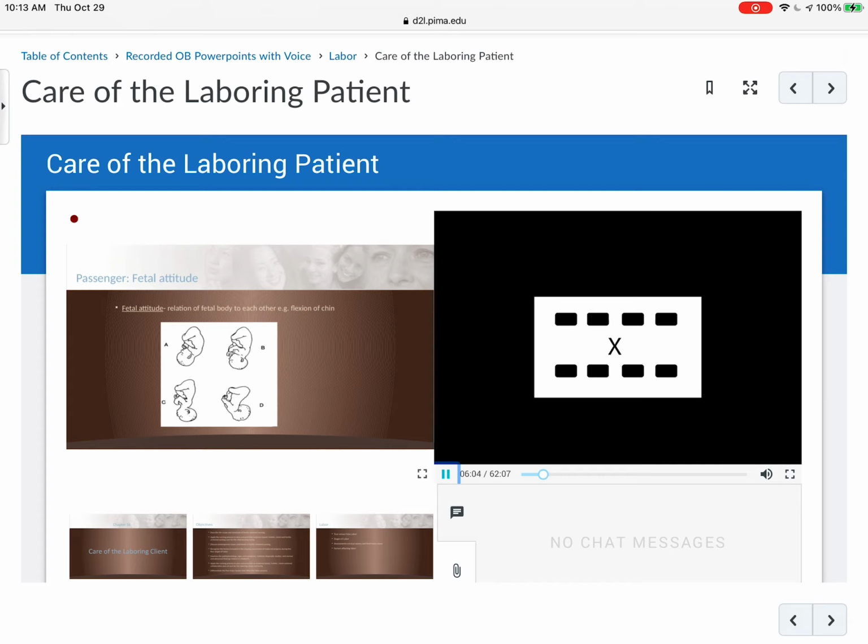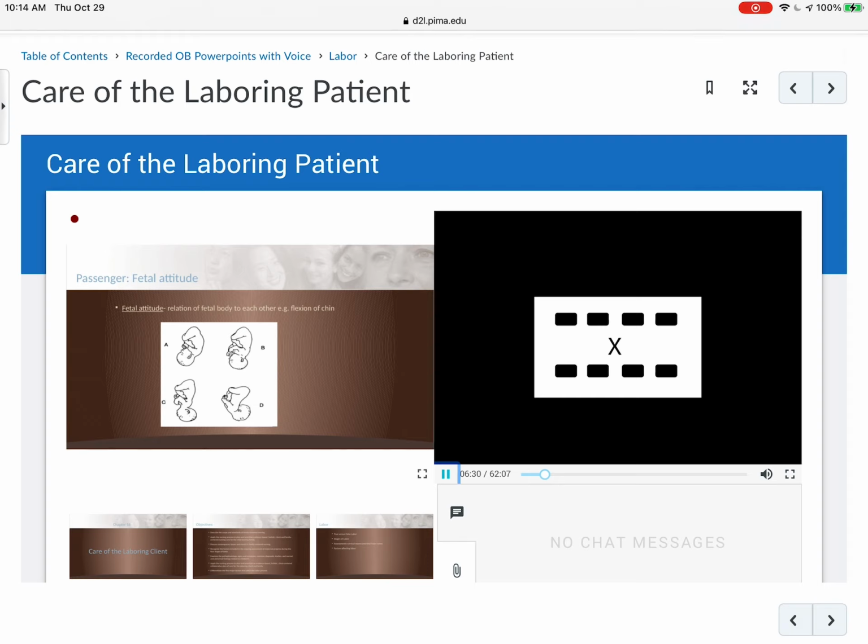And sometimes that is so difficult, C and D. D is actually a face presentation, and if they can't get the head down, sometimes that's a call for a C-section. But sometimes the doctors can change the position of the baby's head so it looks like A to get out of the birth canal. But just by looking at C and D, you can see how that would be a more difficult position to deliver versus position A.